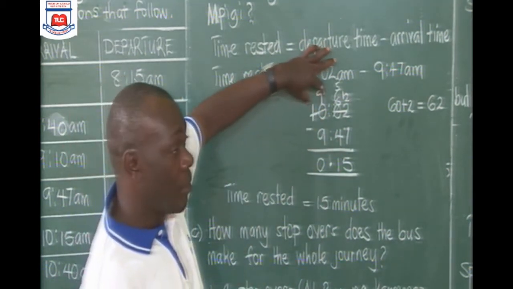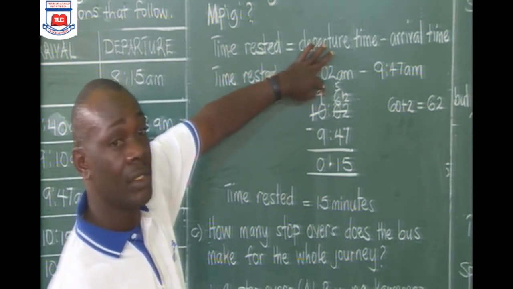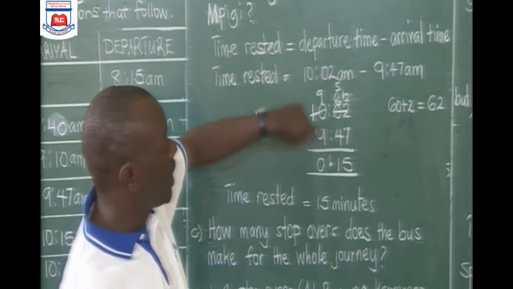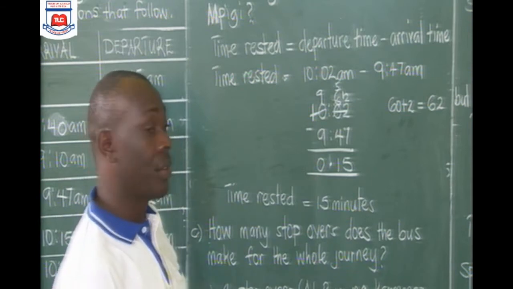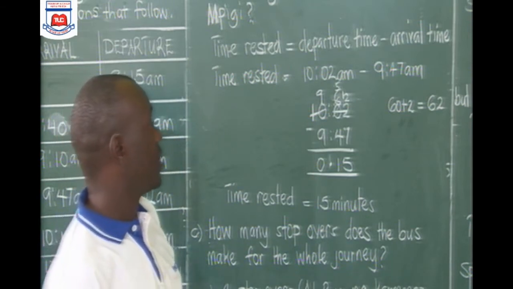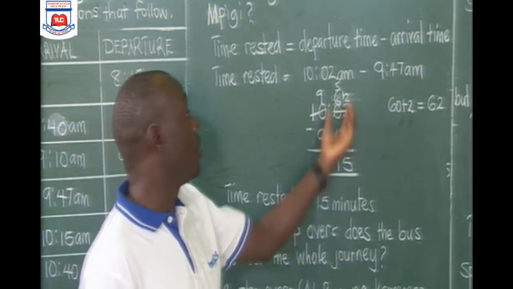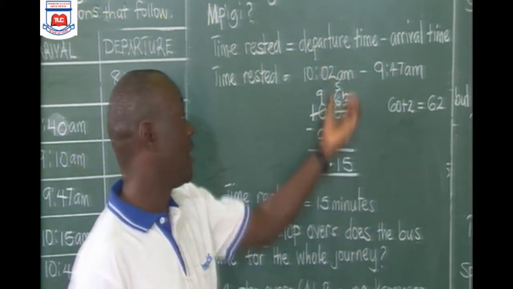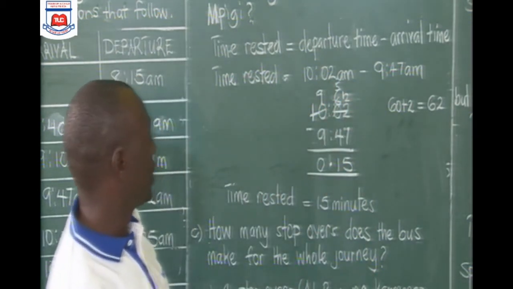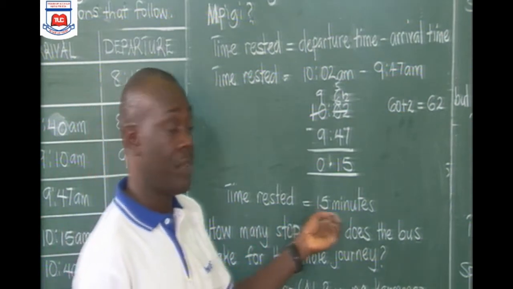And remember after borrowing 1 hour from the 10, remain with 9. Now 9 minus 9 is 0 on the hour section. So therefore the difference has been realized only on the minute section. Hence time rested is 15 minutes.